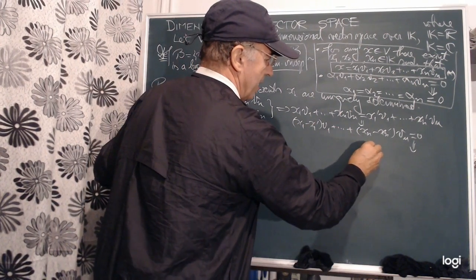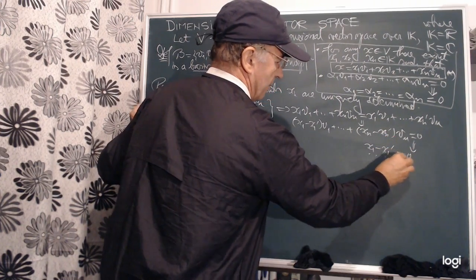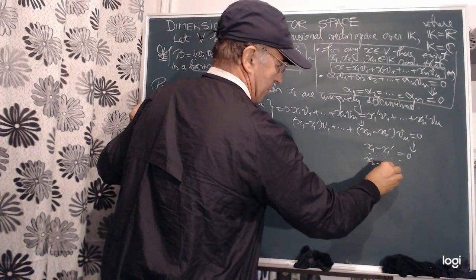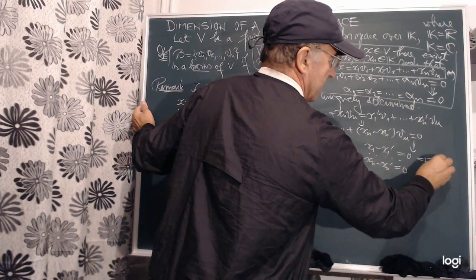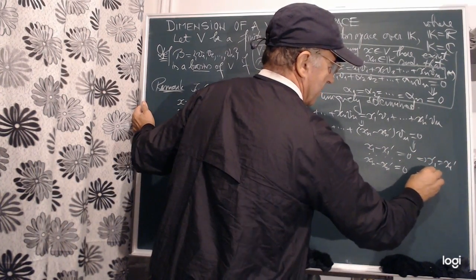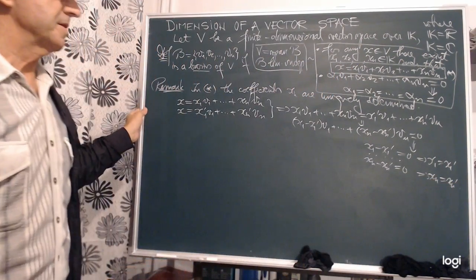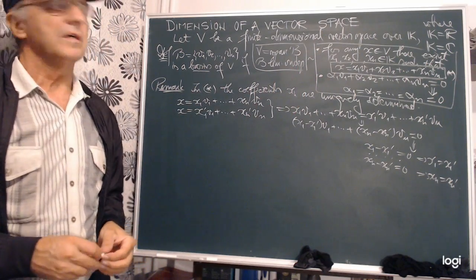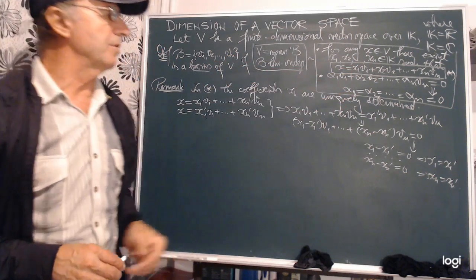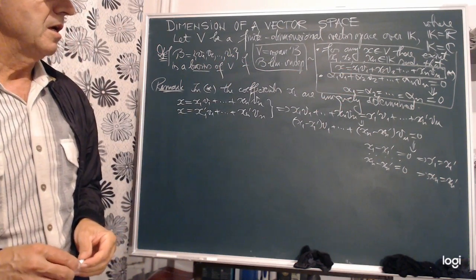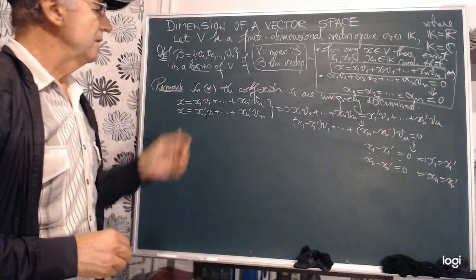So we must have x1 minus x1 prime equal to 0, so on up to xn minus xn prime equals 0, but from this we get x1 equals x1 prime, xn equals xn prime. So the representation of a vector as a linear combination of the vectors of a basis is unique. The coefficients are uniquely determined. They are called the coordinates of x in the considered basis.